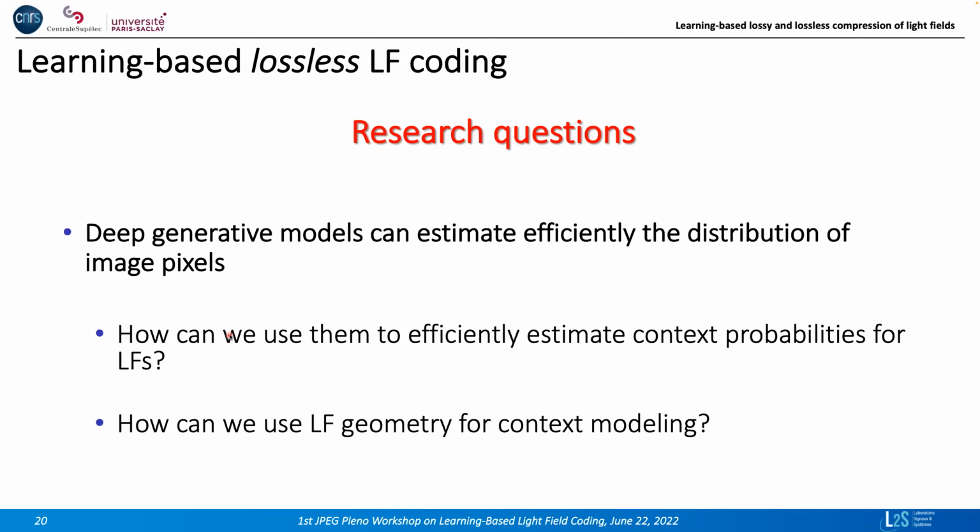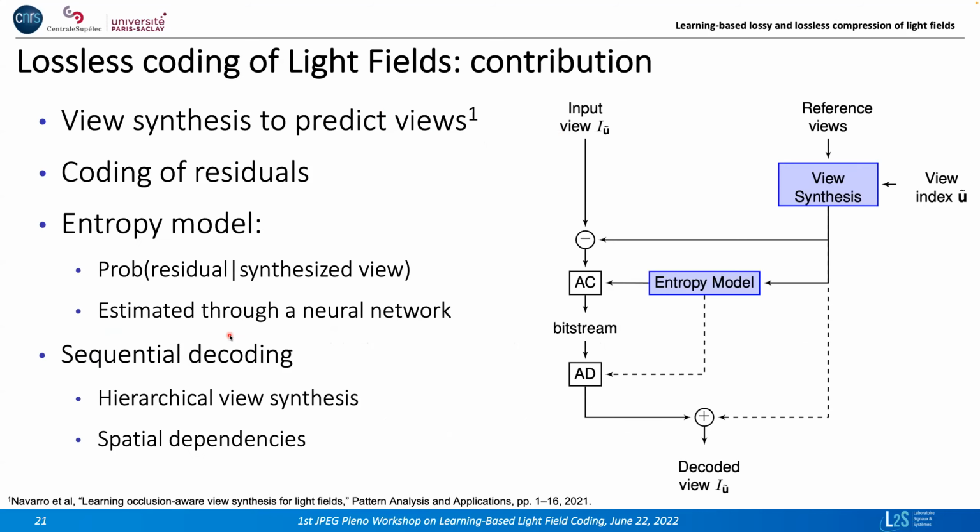And so the idea was, how can we use these generative models to estimate context probabilities for light fields to do context-based arithmetic coding? And in particular, how can we leverage the light field geometry for the context modeling?